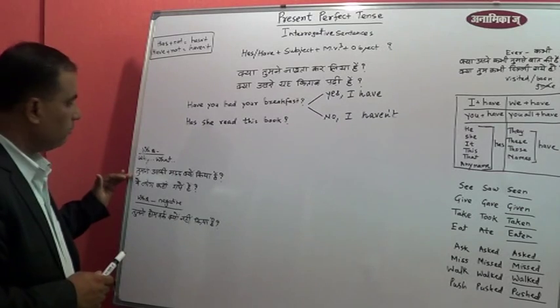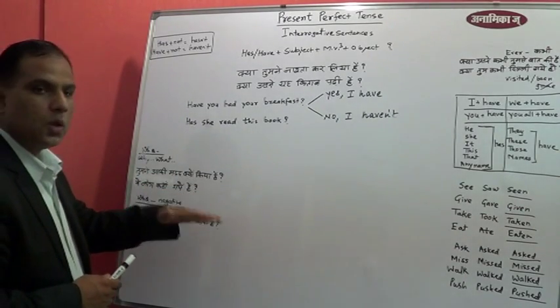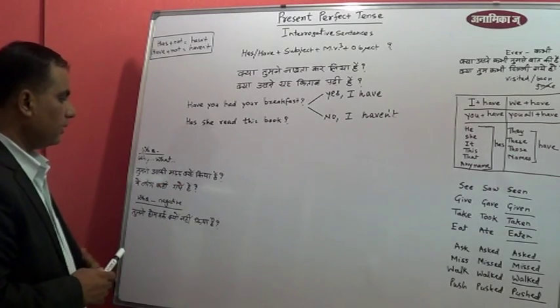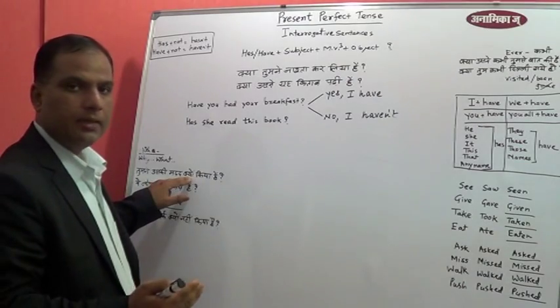We have first example, तुमने उसकी मदद क्यों किया है? Now this क्यों is something which is seeking information.